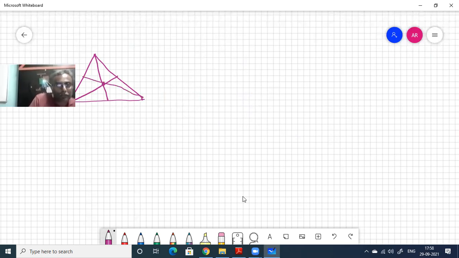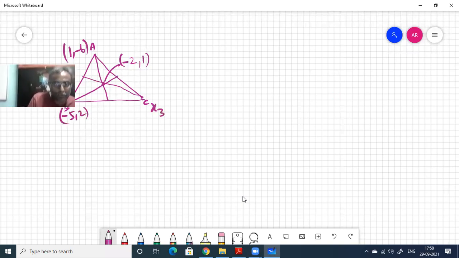Two of its vertices are (1, -6) and (-5, 2). Find the third vertex.